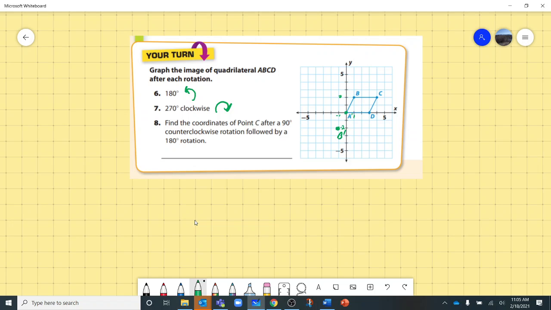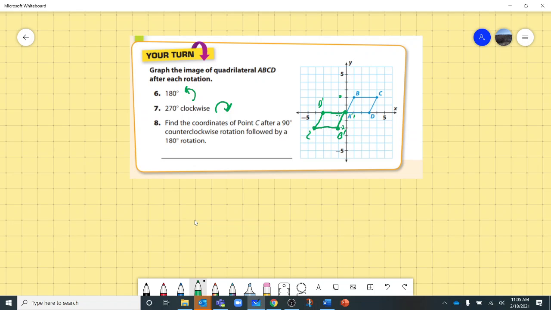There's B prime. C is at 4, 2. So we're going to go to negative 4, negative 2. And D is at 0, 3. So 0, negative 3. Again, negative 0 is still just 0. So there's our C prime, and there's our D prime. Let's see if I can draw this, if it'll straighten things out for me.